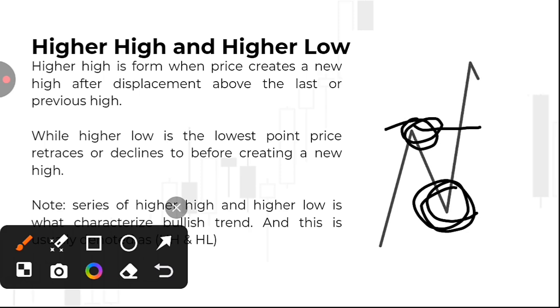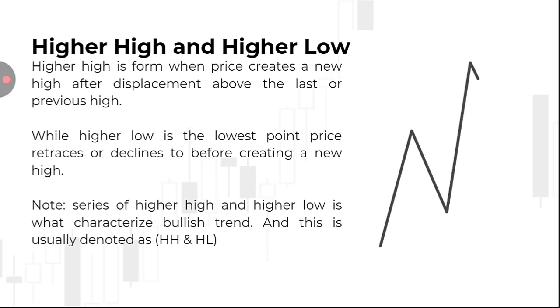So this low that price created right here is called a higher low, the lowest point price declines to before creating a new high.